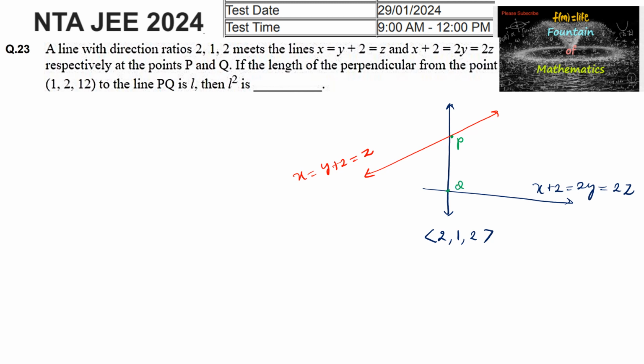And if the length of the perpendicular from the point, let us consider 1, 2, 12, say this is R, upon the line, say this is M, is L units, then what is the square of L?